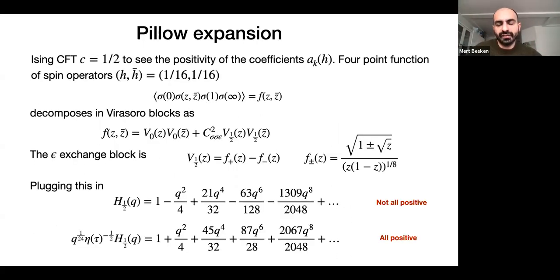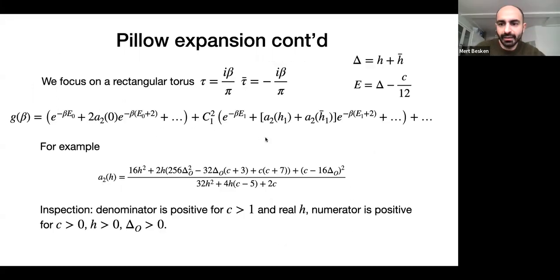So I'll give an example of this Q expansion in the well-known case of the Ising CFT, which is just a C equals 1/2 CFT, and one of the operators in the spectrum is the spin operator, which has holomorphic dimension 1/16. Since this is a minimal model, the correlator is known exactly, and it has been decomposed in terms of plane correlators exactly.